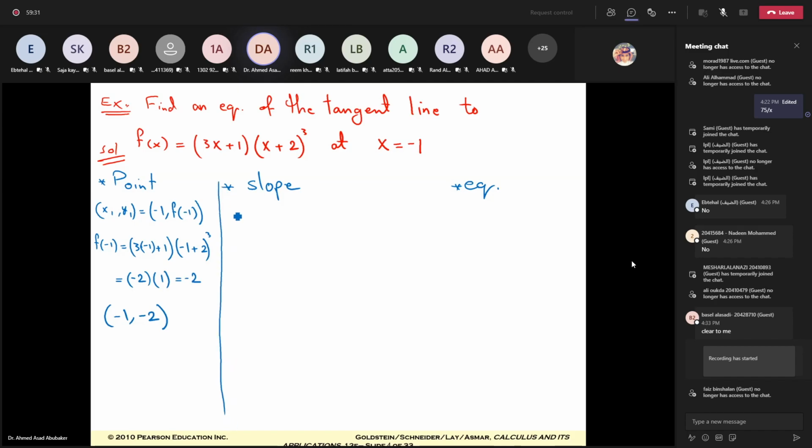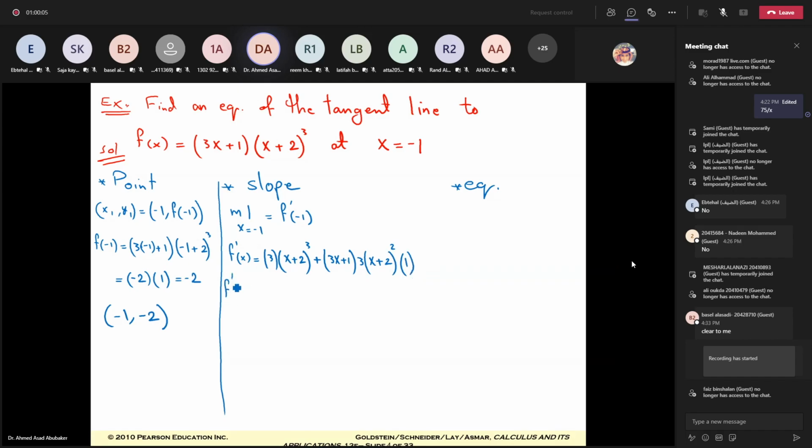The slope: firstly we need to find f prime, because the slope at x equals negative 1 means f prime at negative 1. So we must find f prime. This equals 3 multiplied by x plus 2 to the power 3, plus 3x plus 1 multiplied by 3 times x plus 2 to the power 2 multiplied by 1.